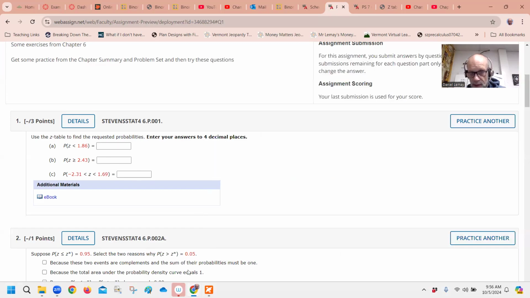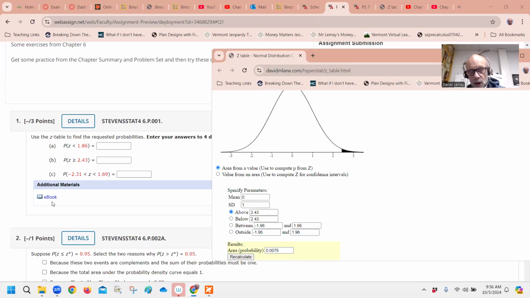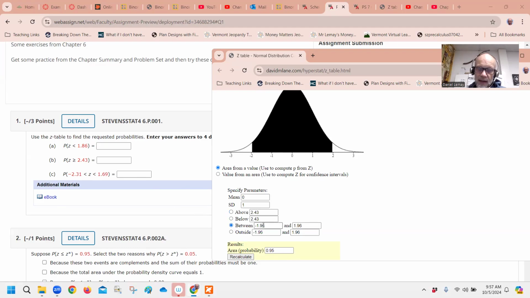And then here's the beauty of this applet. When they're looking for between, doing it by tables, you'd have to go find the probability for negative 2.31. You'd have to go find the probability for 1.69 and then subtract them. Here we can just go between, type in negative 2.31 and 1.69, and that's the probability.